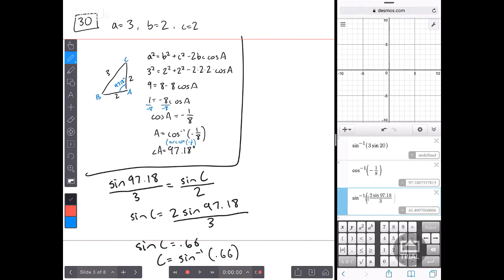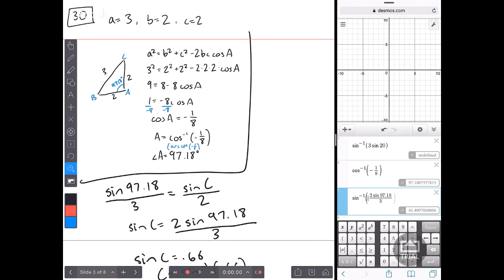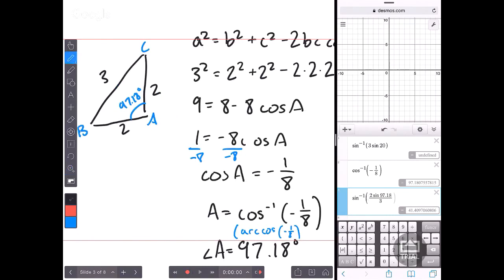Uh, 41.4. Hey, just like we said when we looked at isosceles triangles. Perfect. Angle C, back to our diagram, 41.4 degrees.